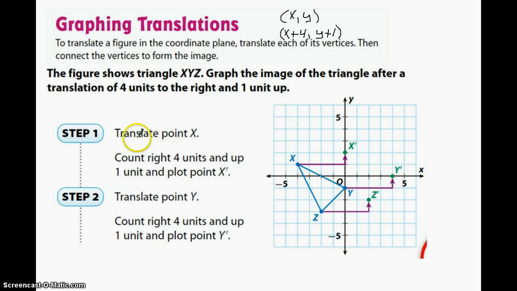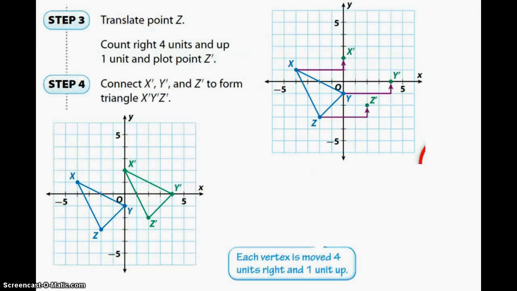So that's pretty much what he's telling us within the steps. He says first translate point X, count 4 units right. Translate point Y, then translate point Z, and once you do so, you literally connect your points.